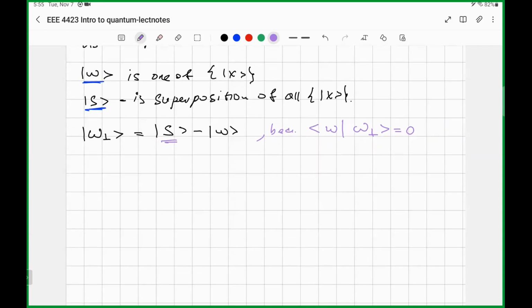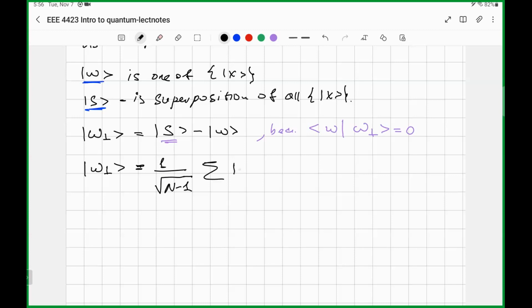All right. So in this case, we can write this new orthogonal state as follows. It's going to be omega orthogonal. The normalization factor will be different because we have one element less in this span of the vectors, right? So it's going to be 1 over the square root of N minus 1 in this case.